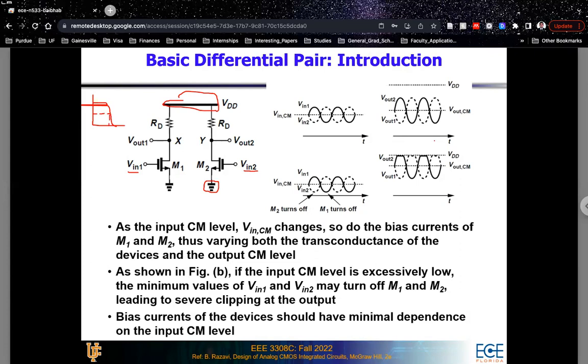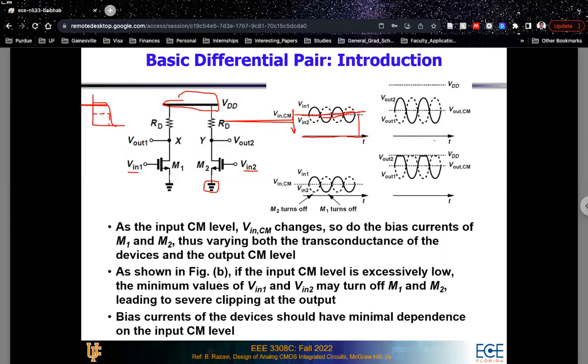If it is not the case, for example, let's say you reduce your Vin,CM, that is the common mode or the DC biasing point at your input. If you reduce this DC biasing point, what will happen is that this DC value will go down. So for example, here, let's say this axis represents the ground.